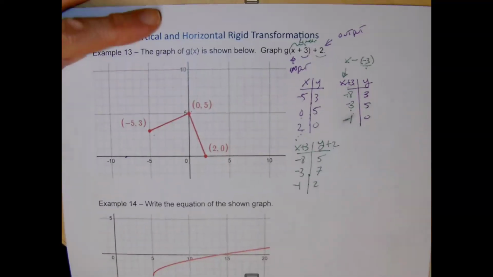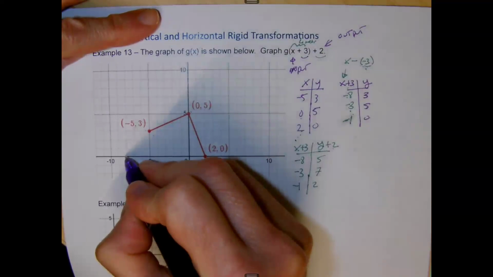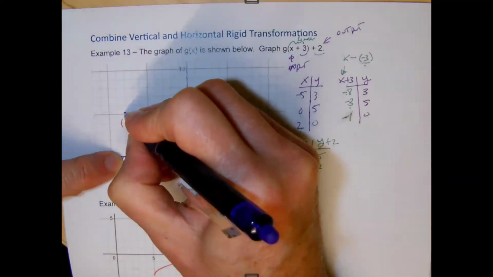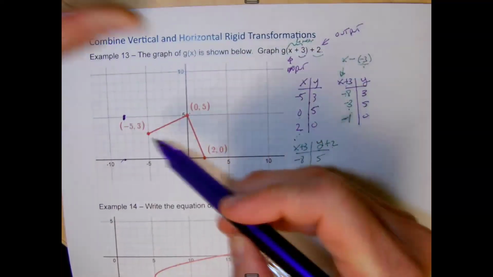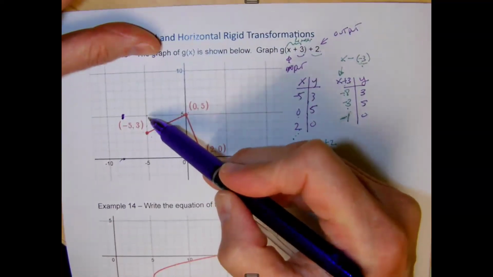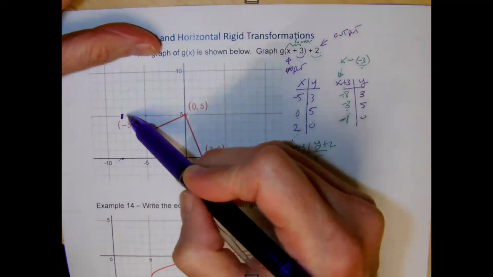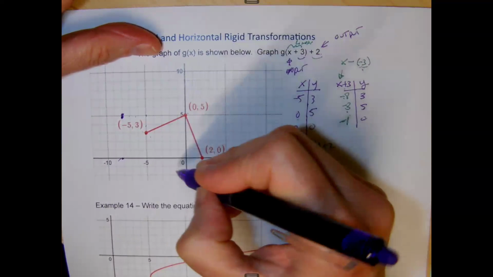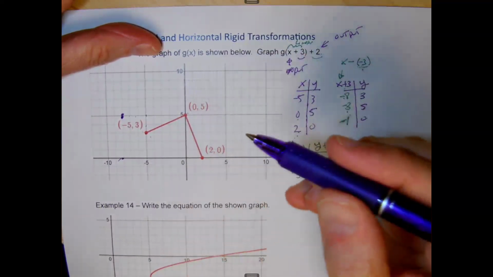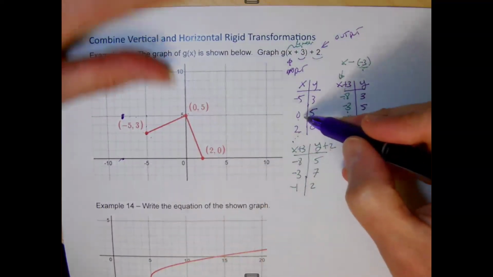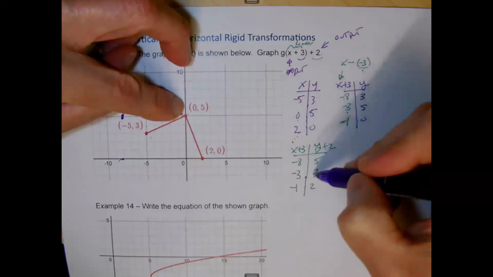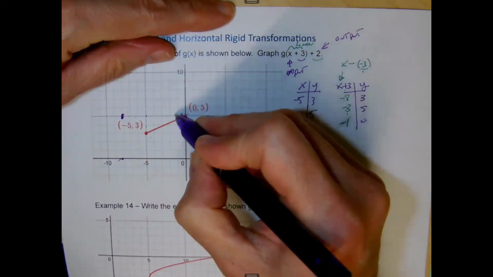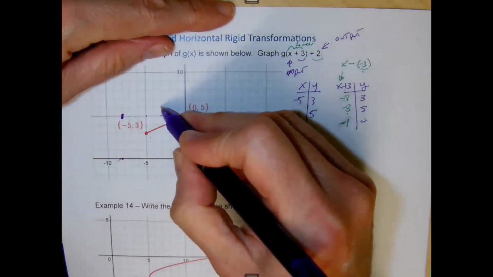So now I'm ready to graph. Where did this point go? It went to -8 and +5. So notice that point has shifted over 1, 2, 3. What about the next one? -3, 5. Where did it go? It went to -3, 7. So again, over 1, 2, 3, and up 1, 2.